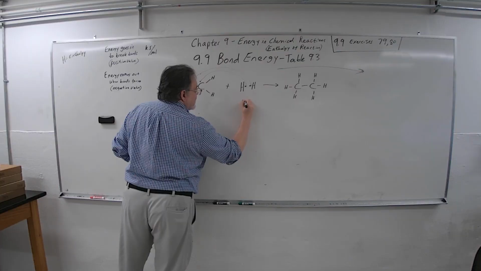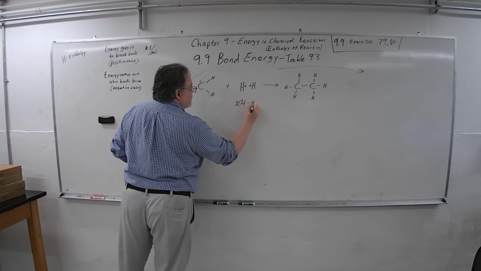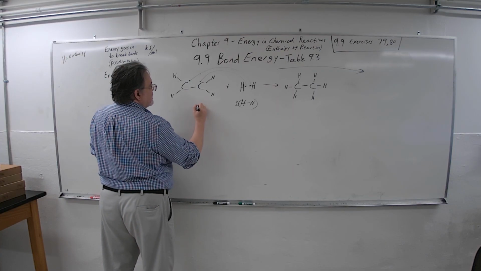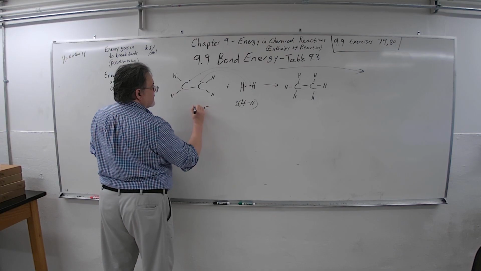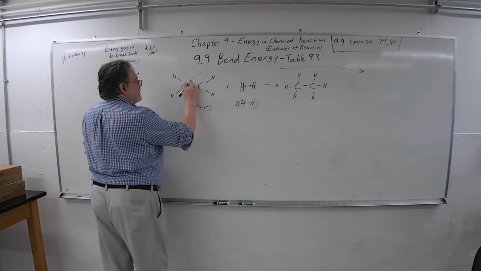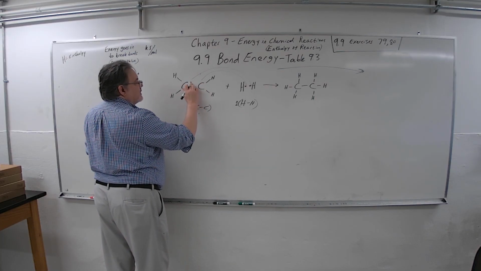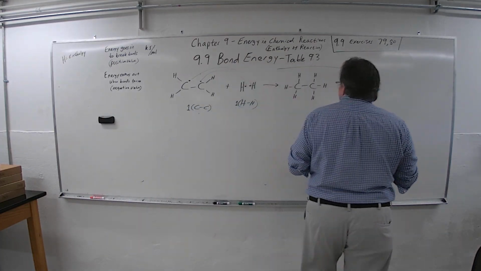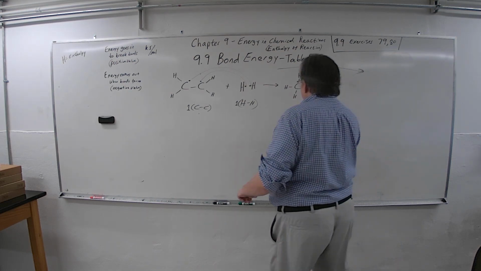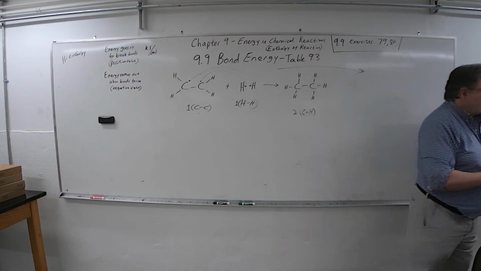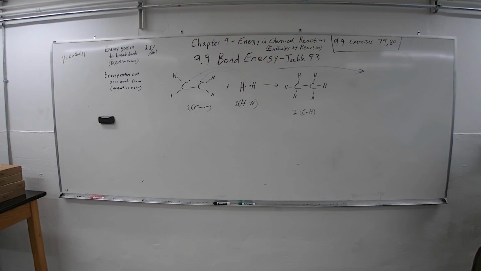So we're breaking an H to H bond, one, and here we're breaking a C to C bond, one C to C bond. Here we're forming two C to H bonds. Go to my chart.